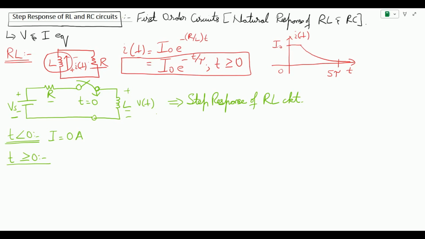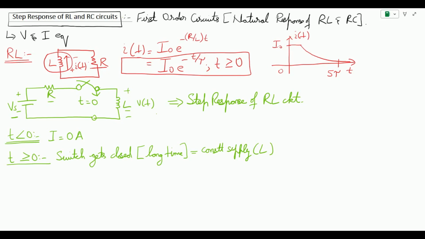So when the time equals to 0, we say that the switch gets closed, which is the term of saying that the switch will keep closed for a long time. And we have previously seen that this long time indicates that a constant supply of energy, whether it's coming from the voltage source or the current source, is being given to the inductor.